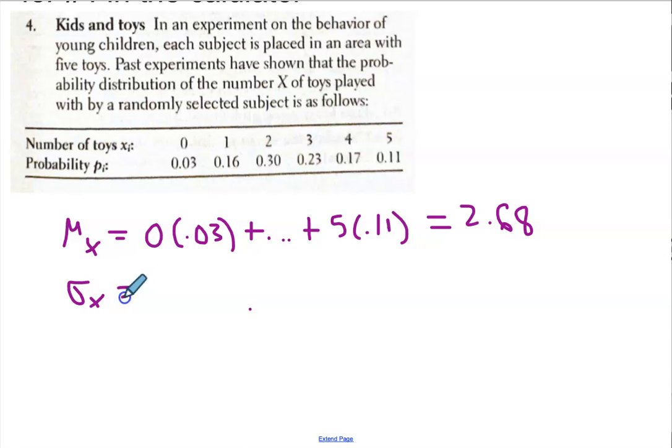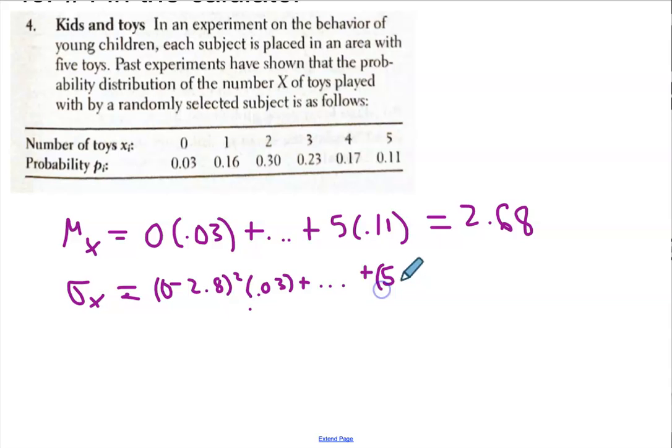When you're doing standard deviation, same idea. So I'm going to show the beginning. My observation minus the mean, squared, times the probability, plus dot, dot, dot, plus, and now I'm going to do the same thing for my final value.